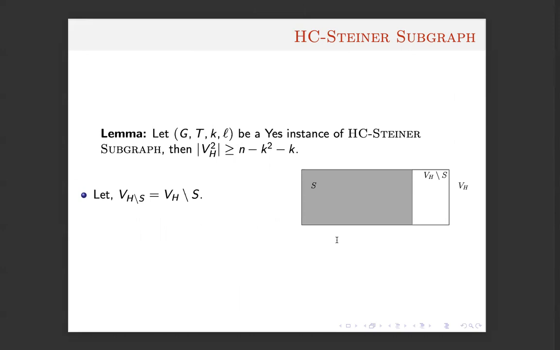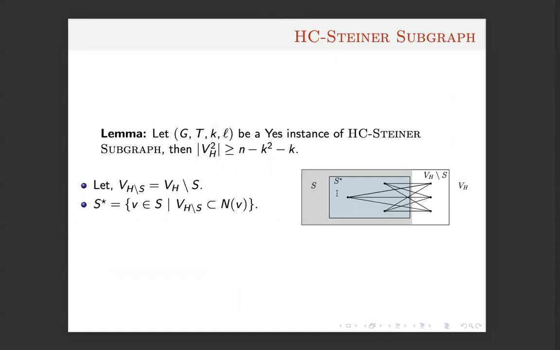Let us fix some notation. We will call VH minus S this part, and A star is the set of vertices which are neighbors to all the vertices in VH minus S. So basically A star and VH minus S form a complete bipartite graph.